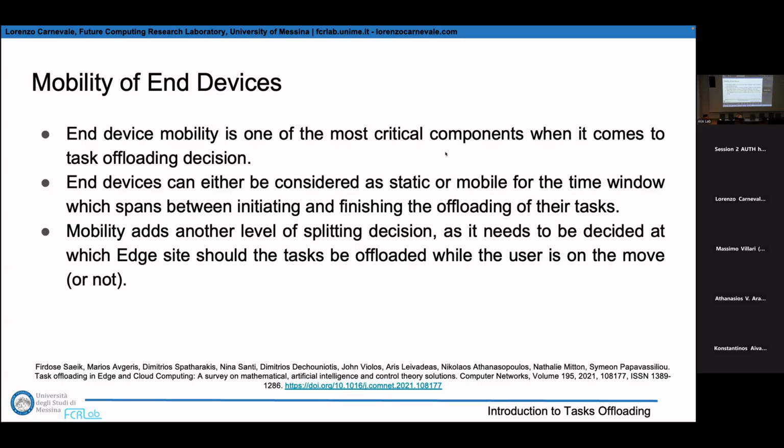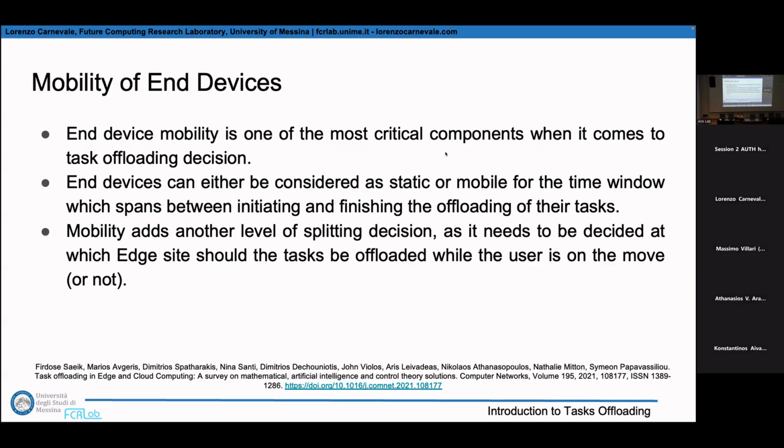One of the most critical components then is the decision of task offloading, because when the decision comes, the internet connection could be limited.